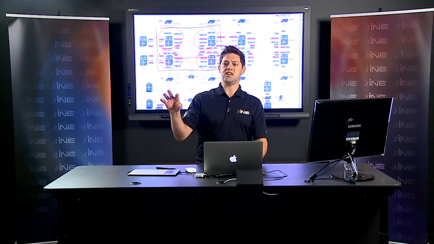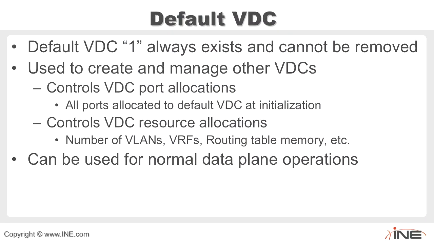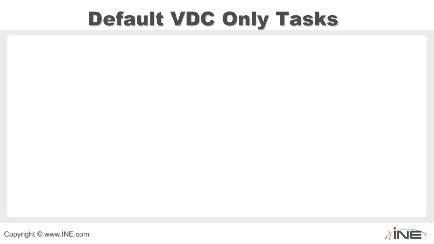I can basically say that in a time of congested interrupts and trying to talk to the physical CPU, this VDC gets a minimum of this percentage share access to the CPU. In the SUP 1, it can be used for normal data plane operations, and it's recommended for management of the chassis only, which is why in the SUP 2 they went ahead and changed this.